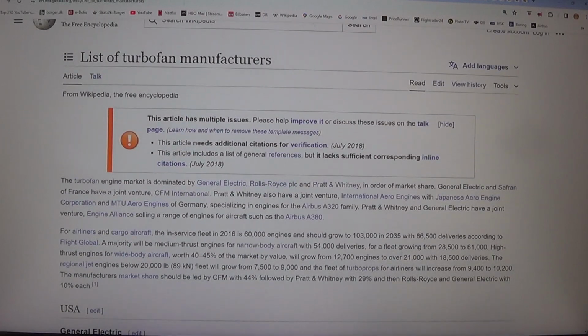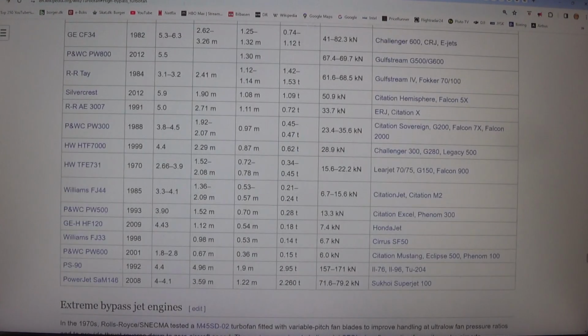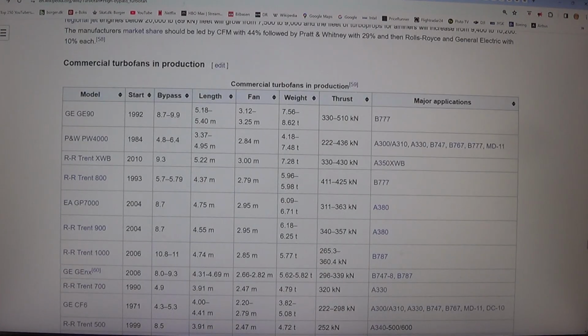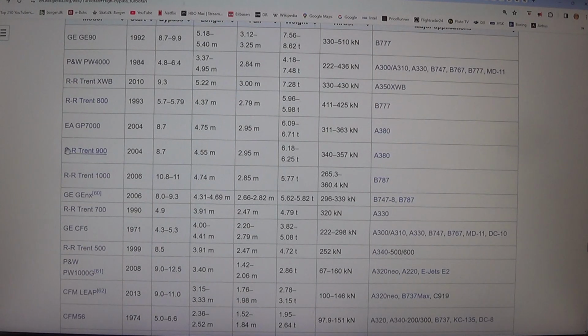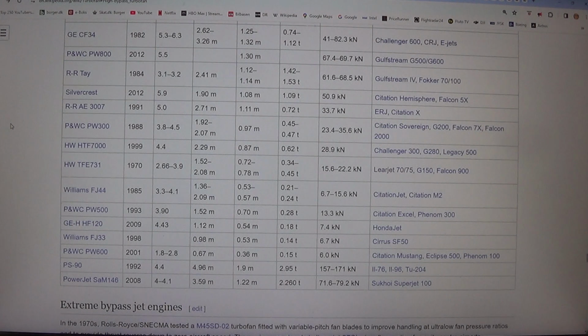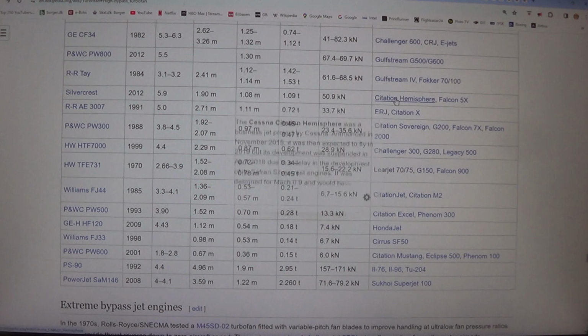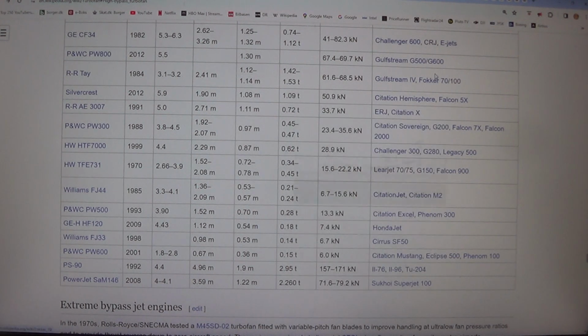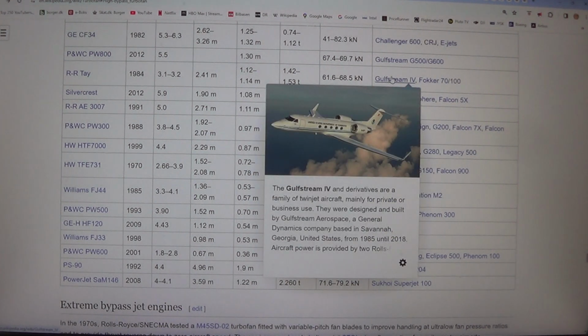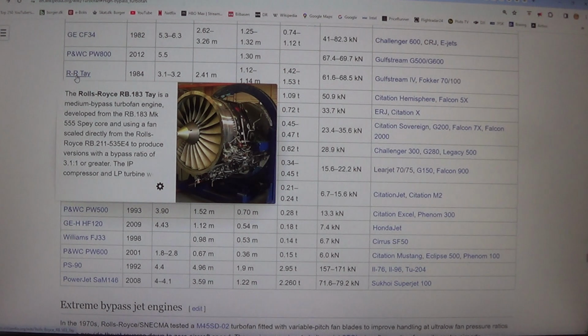R Trent 1000 2006 10.811 4.74 M2.85 M5.77 T265.3360.4 KNB 787. GEGX 2006 8.09.34.31-4.69 M2.66-2.82 M5.62-5.82 T296 to 339 KNB 747-8, B787.